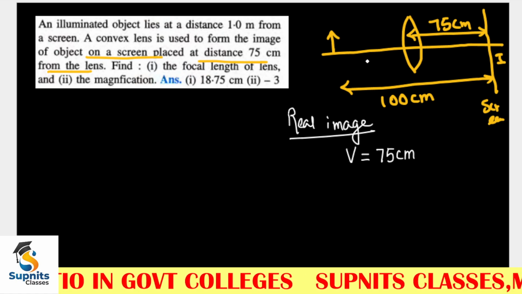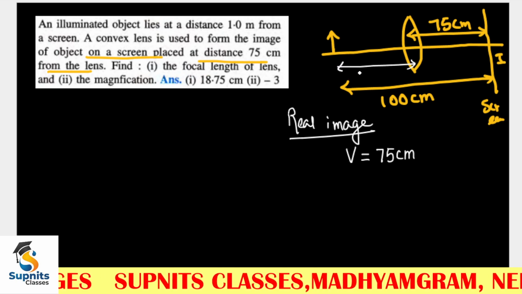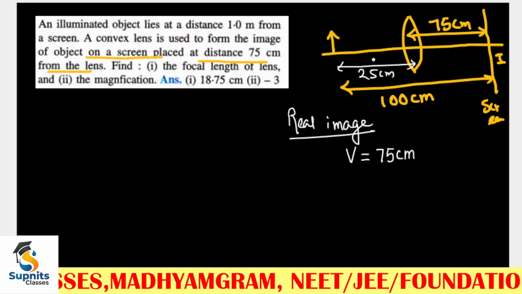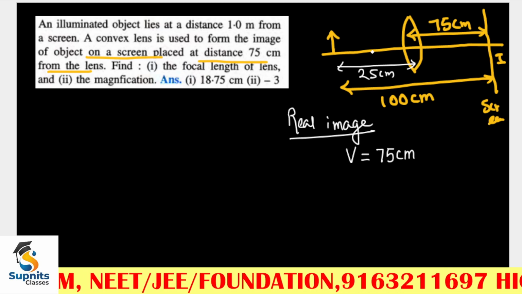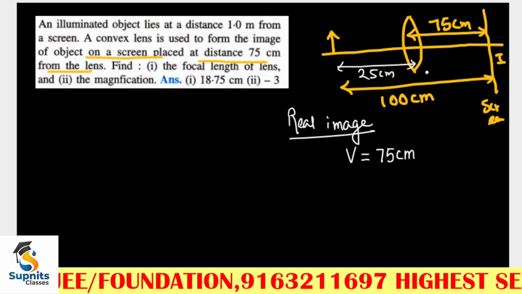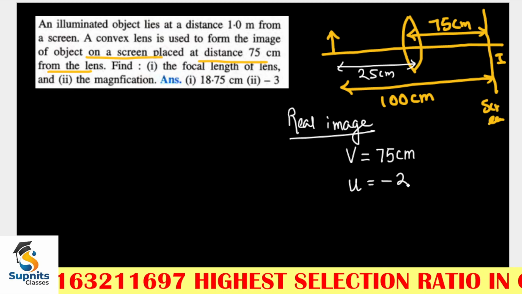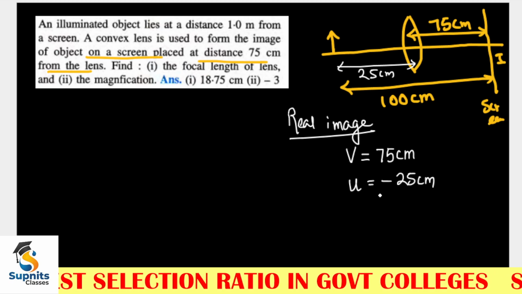Okay. Now what is then the object distance? Very easy to calculate. The object distance is 25 centimeter, on the other side. So what will be u? Minus 25 centimeter. This will be u.